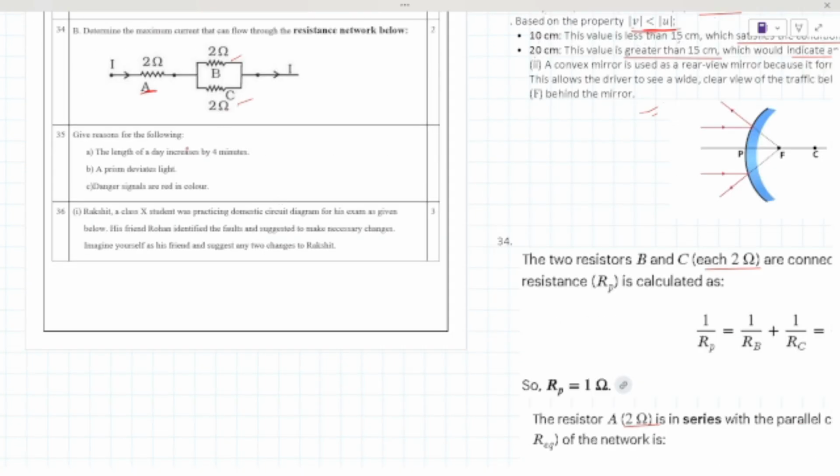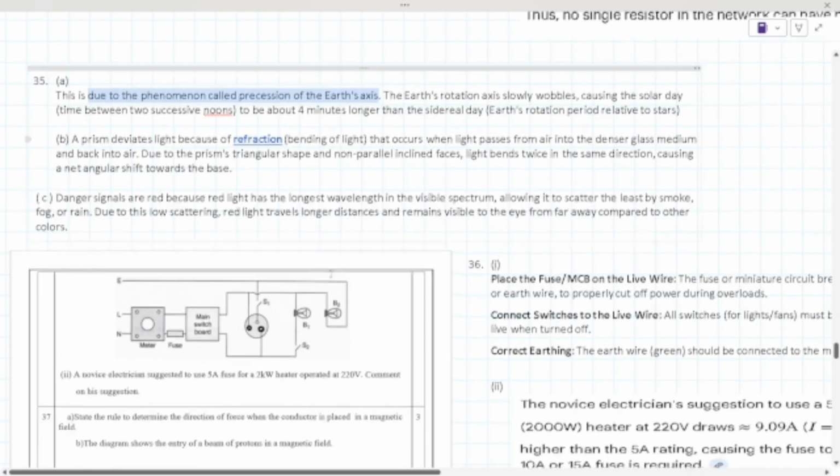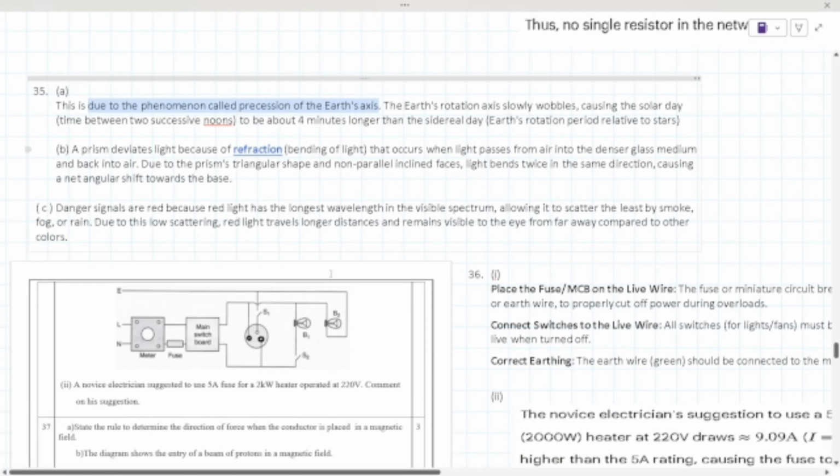Now after that, give reason for the length of a day increased by 4 minutes. Because of advance and delayed sunrise and sunset.